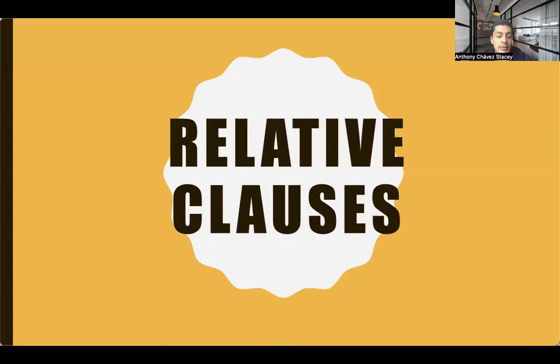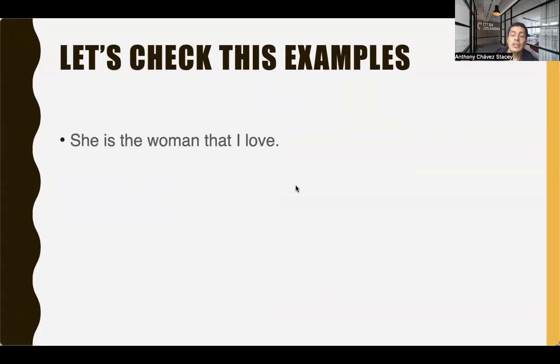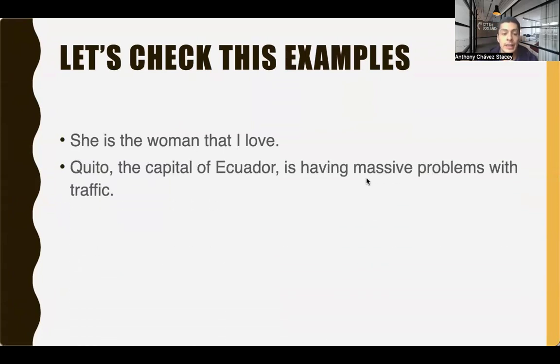I wanted you to see in front of your screen, we'll have the slides, the relative clauses part. Let's start with some examples. She's the woman that I love. Also, as it is a person, I can use who I love. Quito, the capital of Ecuador, is having massive problems with traffic. If I take out these in between commas, the sentence will keep its meaning.